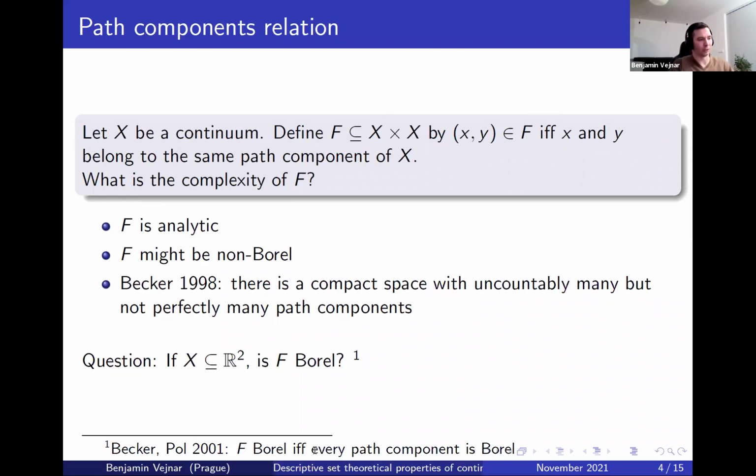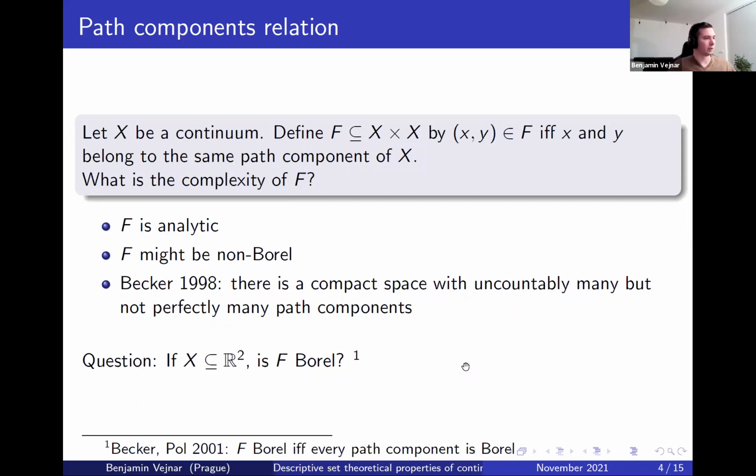Well, and an equivalence class of F is just a path component, right? So the previous question is in fact equivalent to this question. Okay, so it's actually very difficult to say something about path components. They are kind of mysterious objects, and this equivalence relation is very complicated.